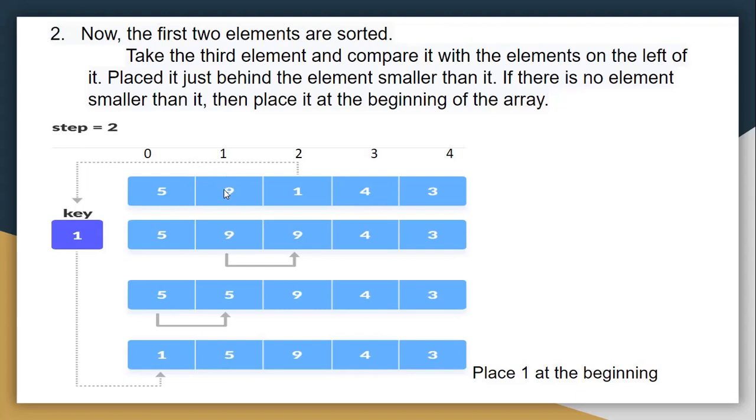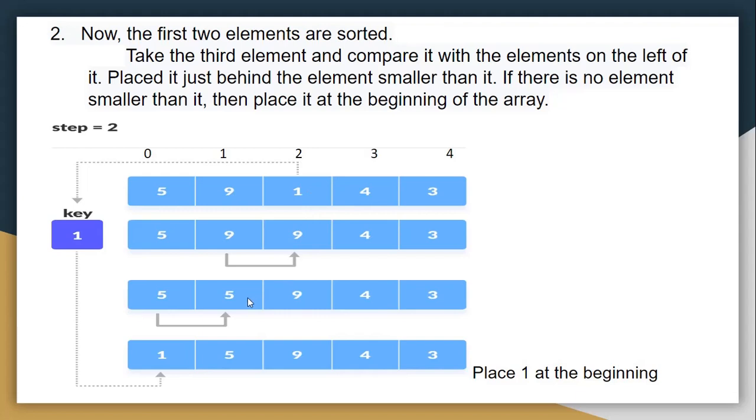Assume the index 1 element is minimum and the next element, 1, is the key. Then compare the elements, and 9 is greater than 1, so swap the elements and 9 is stored in index 2.